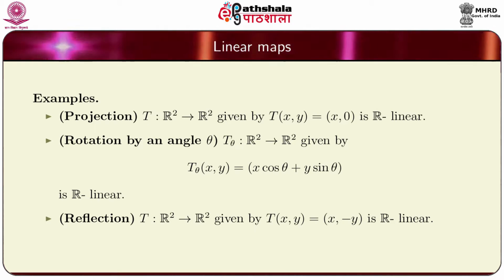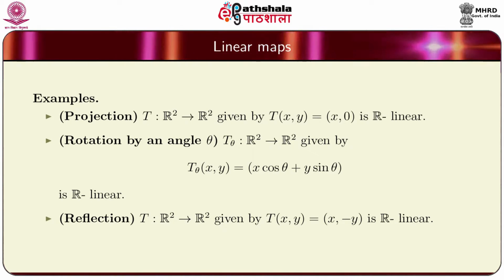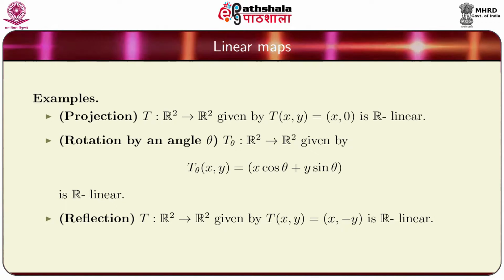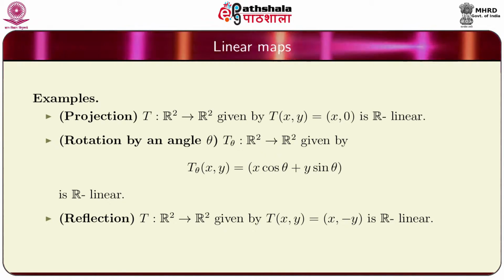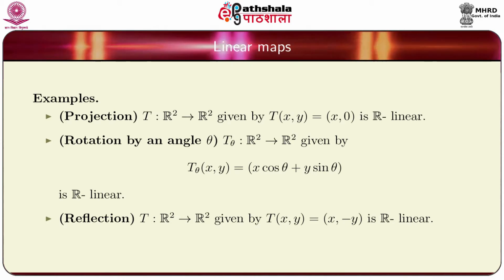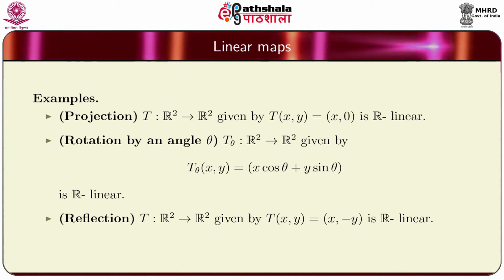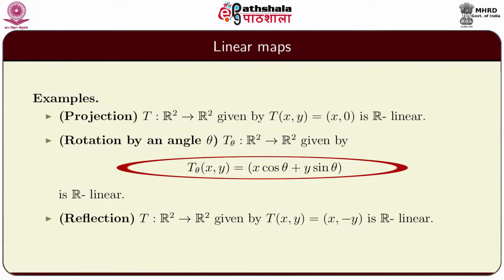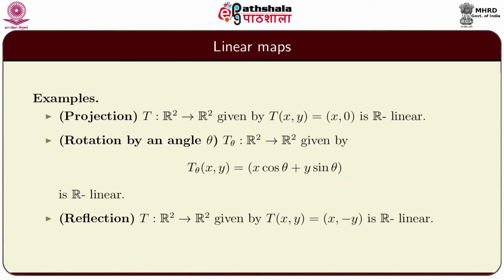The next example is the rotation by an angle theta. We denote it by T_theta, and this is a linear operator on the vector space R2 given by T_theta(x, y) = (x cos theta - y sin theta, x sin theta + y cos theta). This is also R-linear.